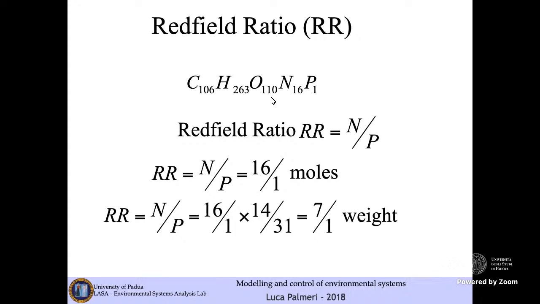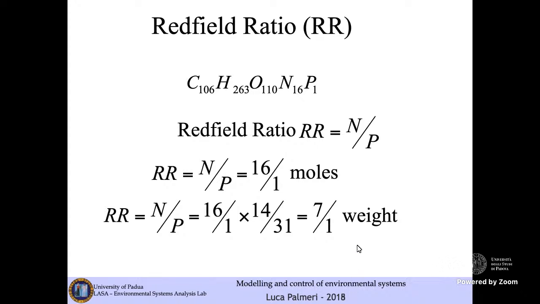I think you have already heard about the Redfield ratio. The Redfield ratio is the ratio between total nitrogen concentration and total phosphorus concentration. You may calculate the Redfield ratio in moles or in weight.